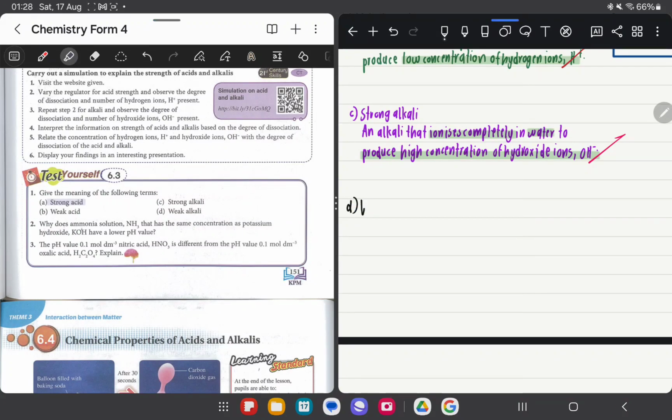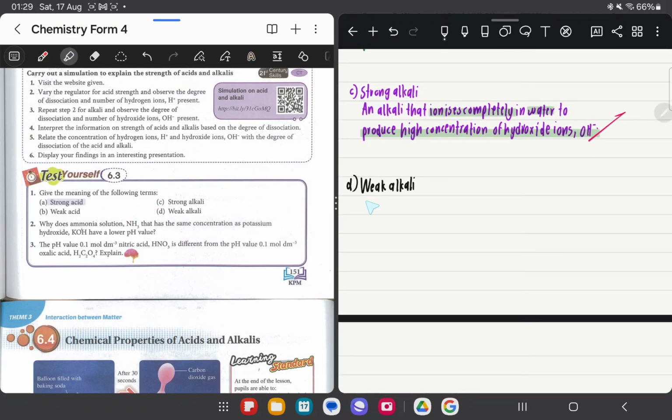Last one, weak alkali. It is about weak, so ionizes completely or partially? Partially, in water. Produce high or low? Low concentration of hydroxide ions.